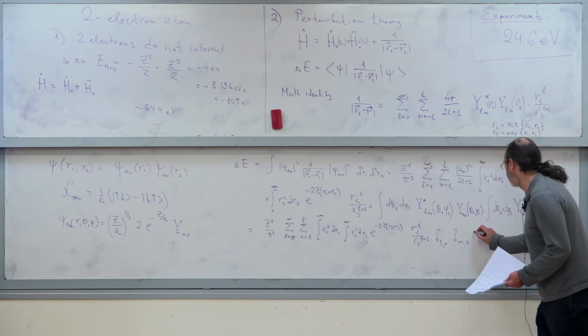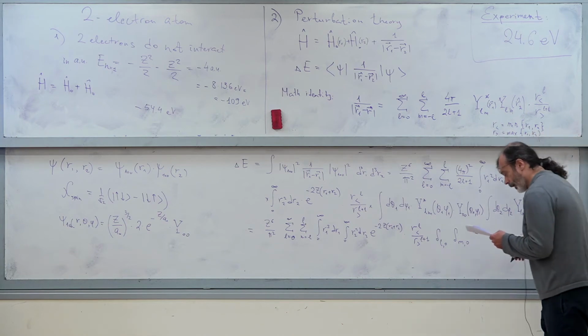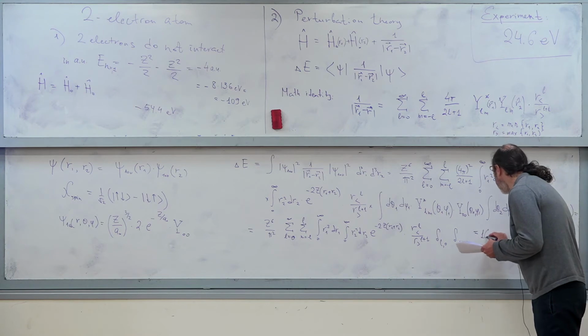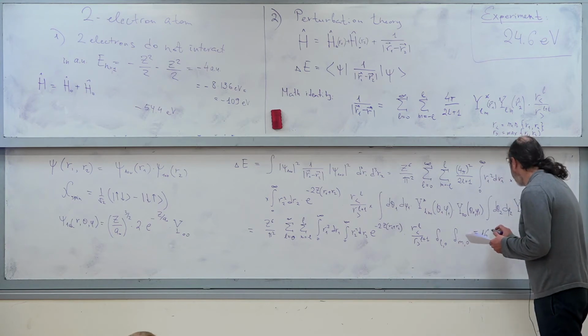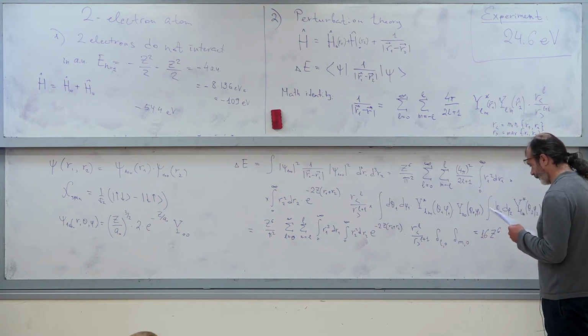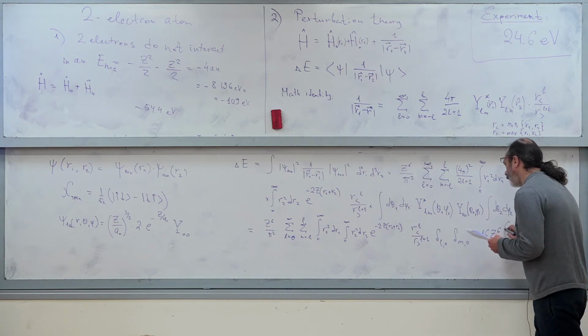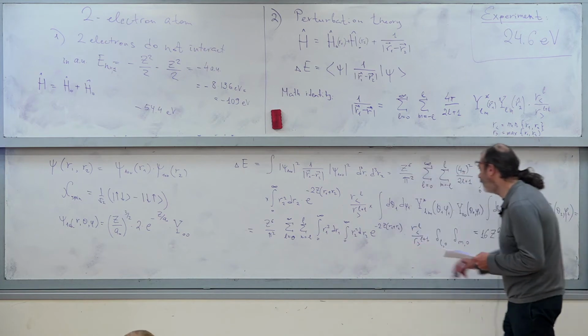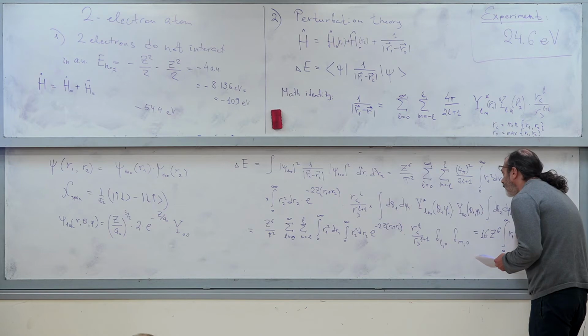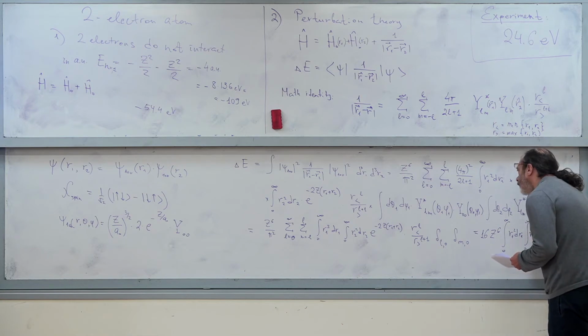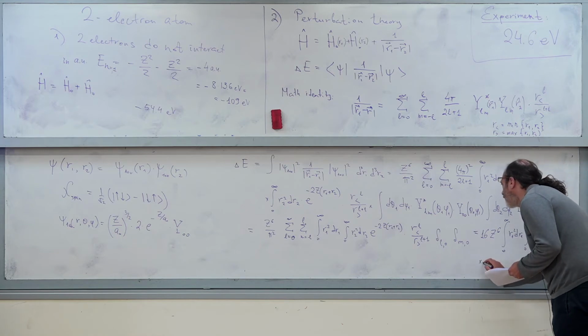So if we write down what is left from this integral, we have here 16 times z to the power of 6, multiplied by the integral from 0 to infinity R1 squared dr1, the integral from 0 to infinity R2 squared dr2, multiplied by this exponential factor e to the power minus 2z (R1 plus R2).